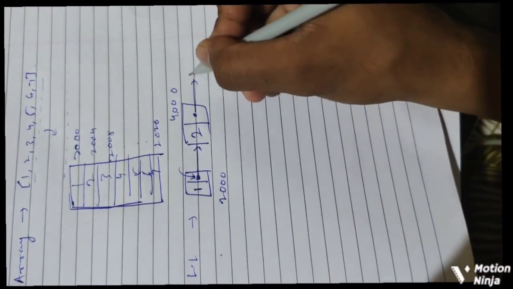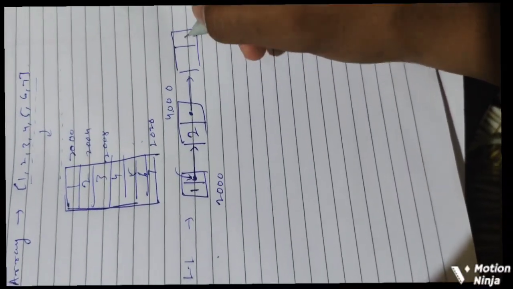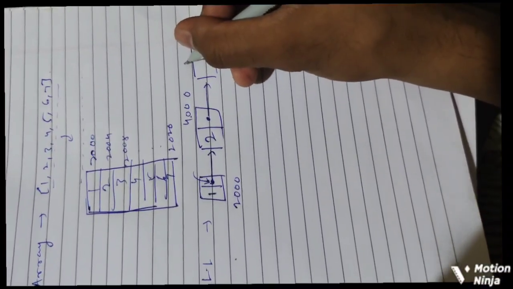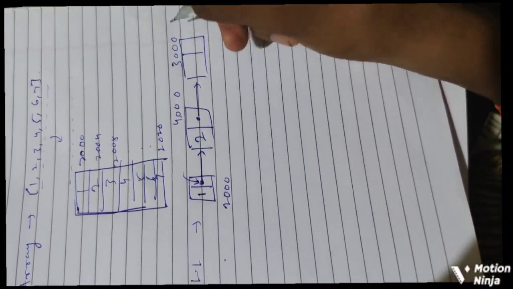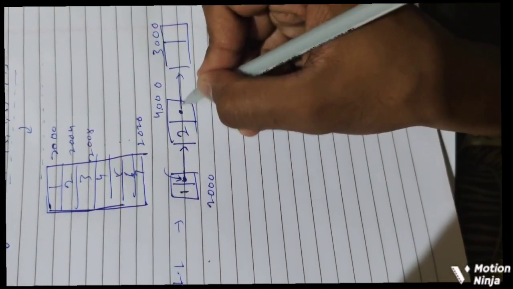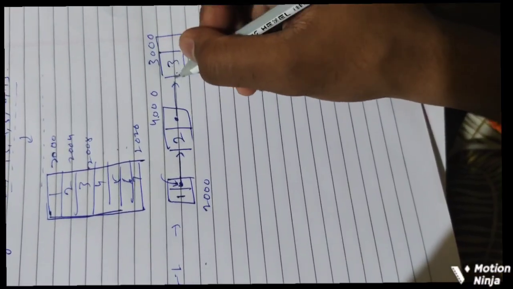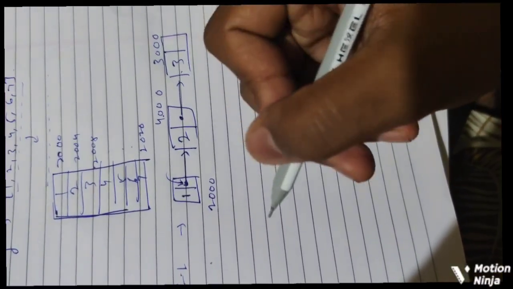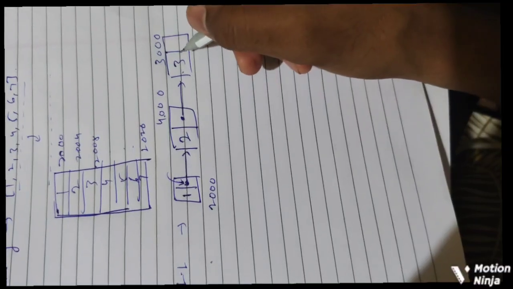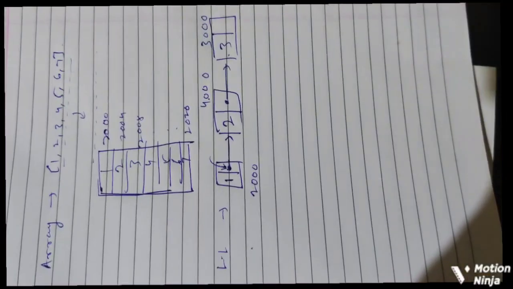We can move forward by pointing this node's link to another location, for example 3000 or any location. So basically we can point from one node to another and store elements in any location in the memory, which is quite efficient compared to other data structures.